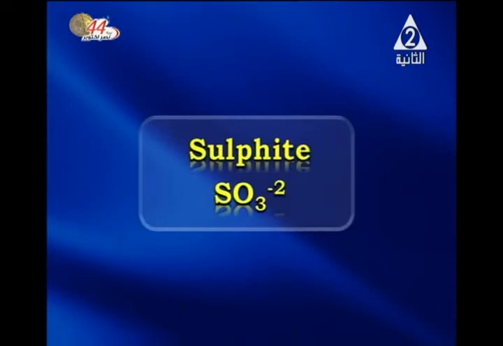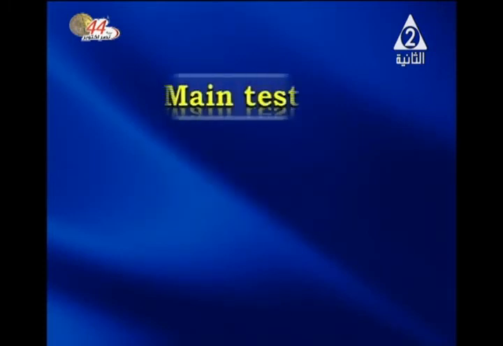Now, my dear students, we are going to discuss the next anion, which is sulfite. My dear students, we discussed the identification of carbonate and bicarbonate. Now we are going to discuss the identification of sulfite radical, as its symbol is shown on the screen, SO3 2-.